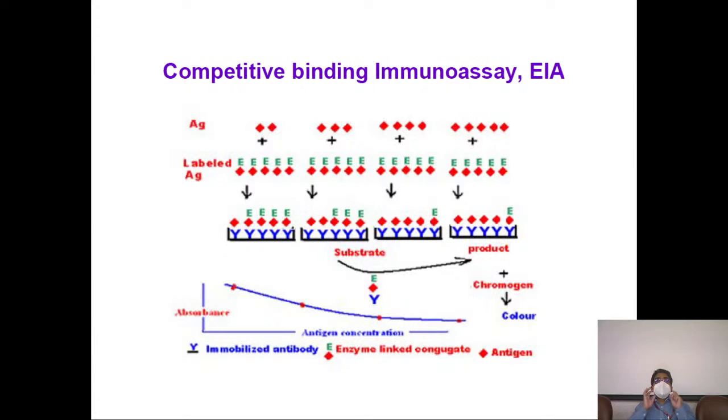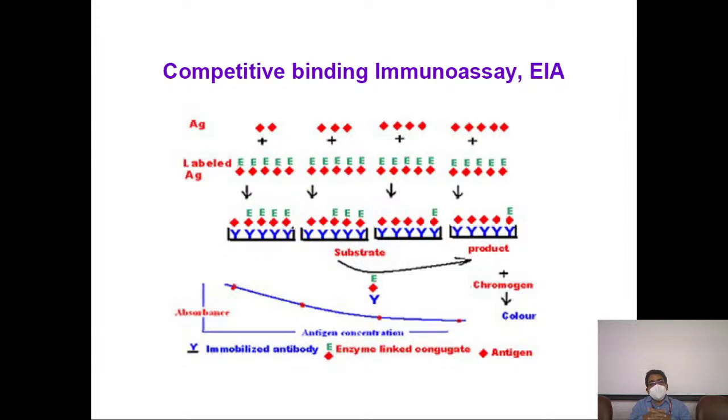With this we can elaborate on the competitive ELISA. Let's say one antigen we are detecting, the upper one, and we compete it with the labeled antigen that we are adding. This has been tagged with the enzyme. This labeled antigen is what we know, and the topmost antigen is what we are detecting, which we don't know.